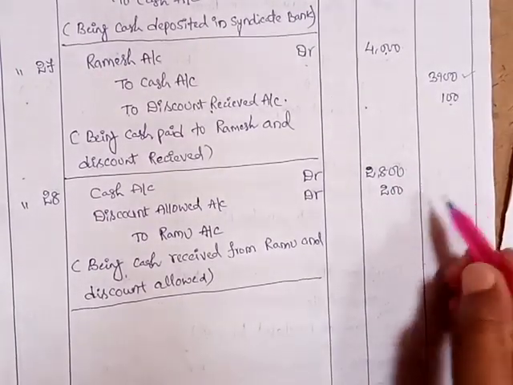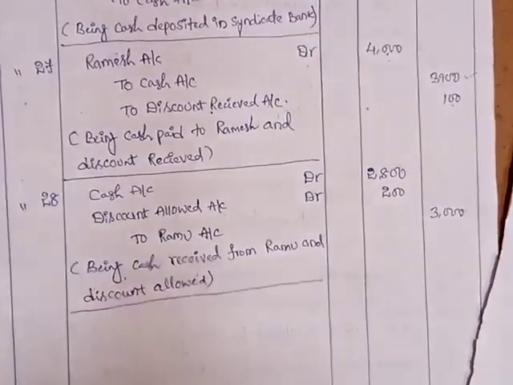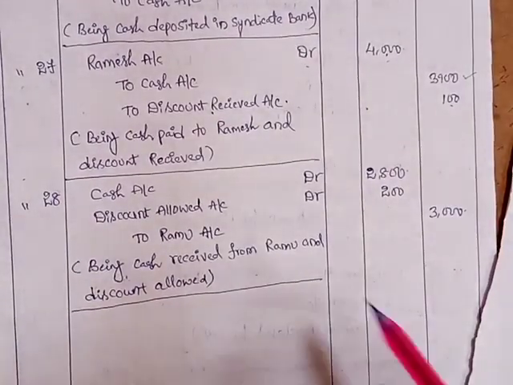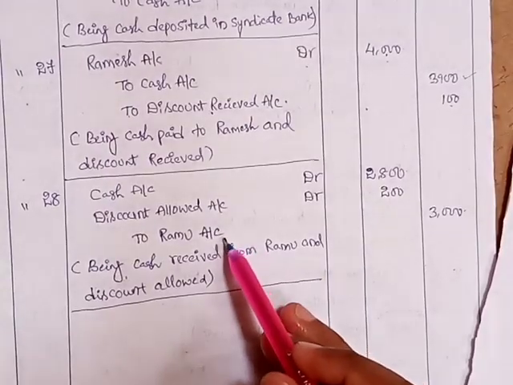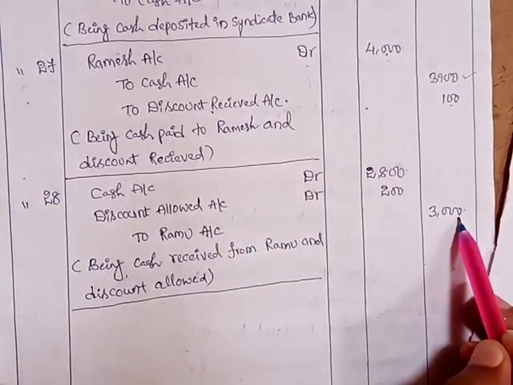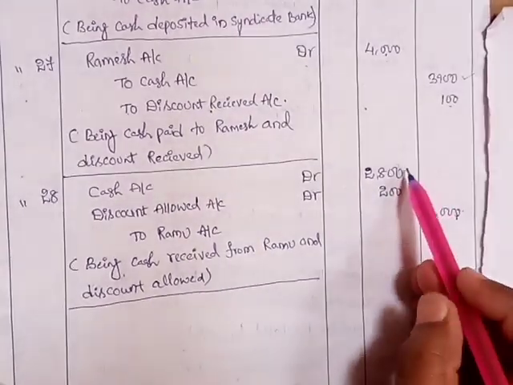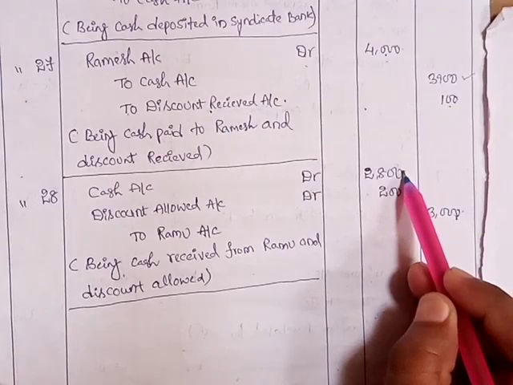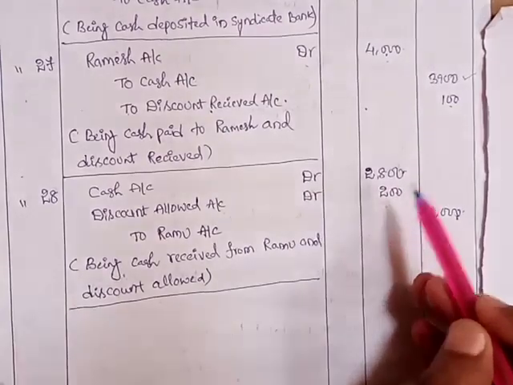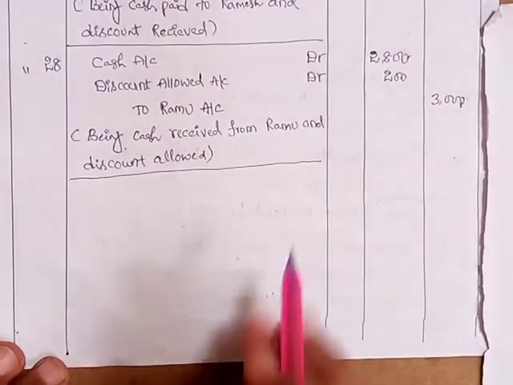That we should write against the Ramu account in credit column. So what does this transaction mean? We should have received a total of 3,000 from Ramu, but Ramu paid only 2,800, and 200 we allowed as discount to Ramu. So this is the entry.